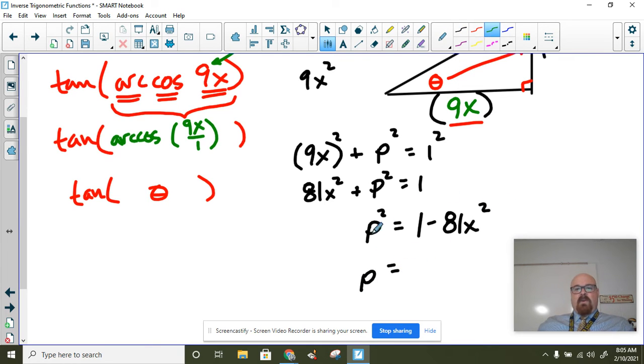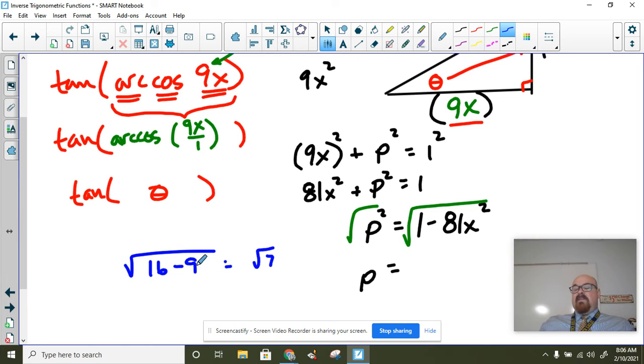Now, when we take the square root of this and this, you cannot take the square root of a difference. Don't tell me that this is 1 minus 9x, right? It doesn't work that way. I think we've talked about this before, but in case you need another example, if you did the square root of 16 minus 9, that's the square root of 7, right?